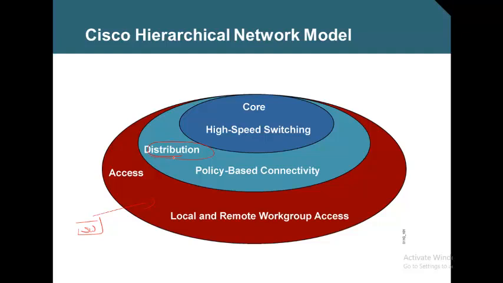We have the access layer. To the access layer, you connect all the end devices. In the access layer, you don't have routing. Members of the same VLAN communicate using the switch. The traffic never goes to the distribution layer if the traffic is moving between devices that are in the same VLAN.